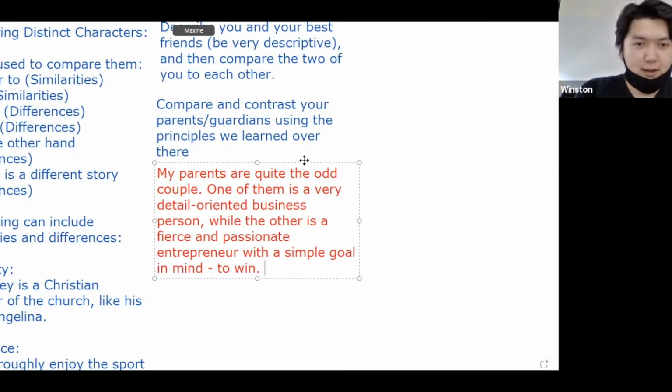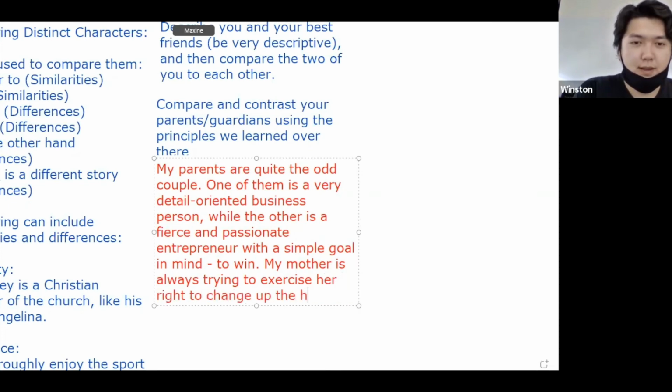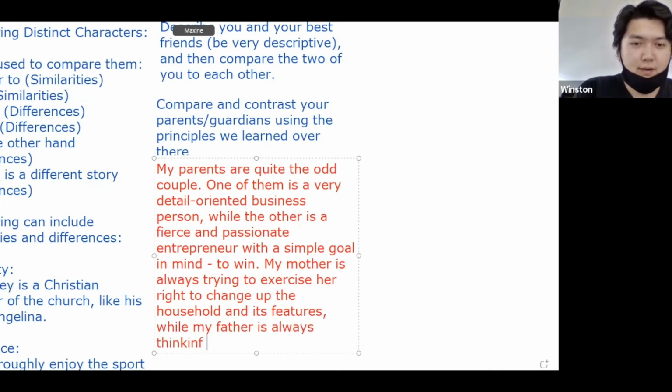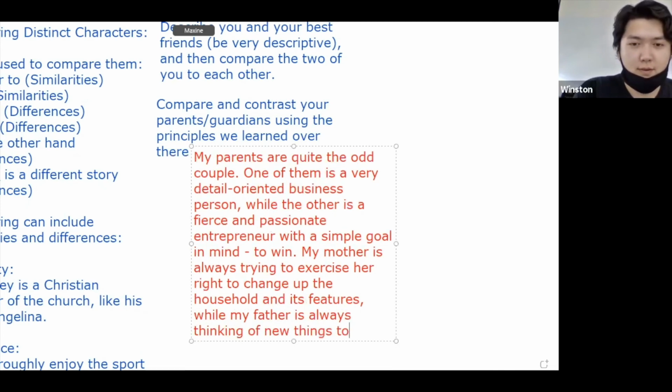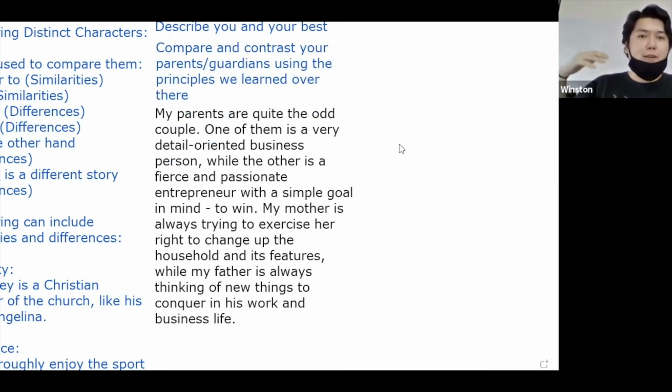Okay. And my mother is always trying to exercise her right to change up the household and its features, while my father is always thinking of new things to conquer in his work and life.